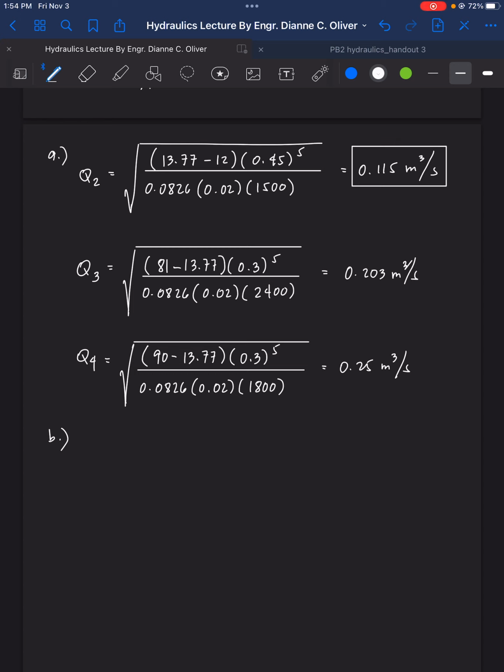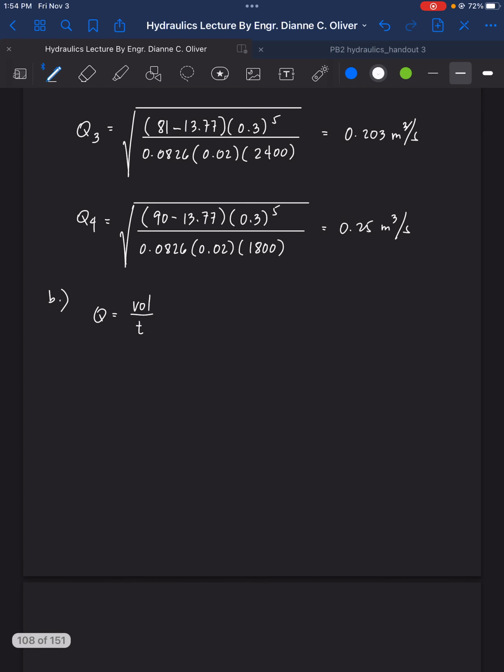To supply the number of persons, we need to remember that Q is equal to volume over time. Having known this, our Q for Q3 is 0.203 equals the volume here, in cubic meter per second.